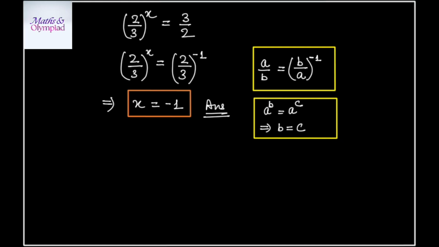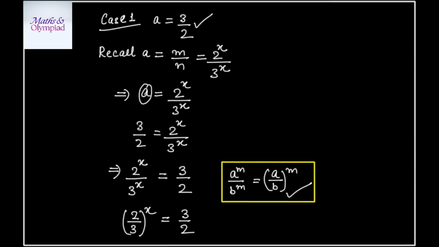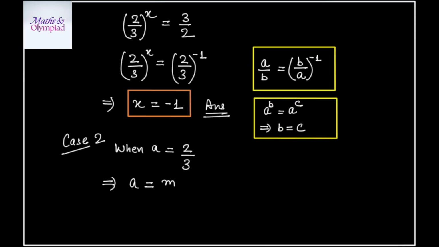Now let's take up case 2. When a equal to 2 over 3, a equal to m over n, which is further equal to 2 raised to the power x over 3 raised to the power x.